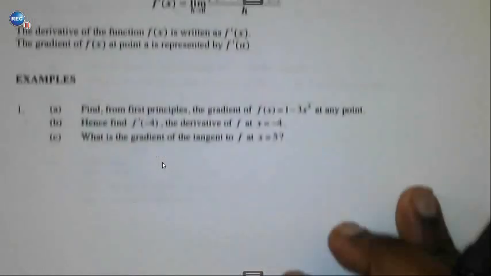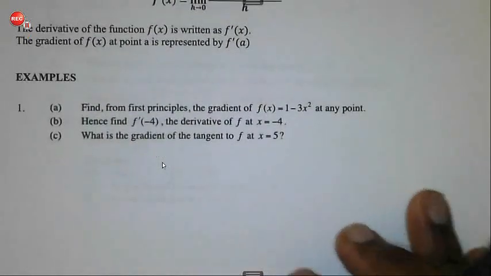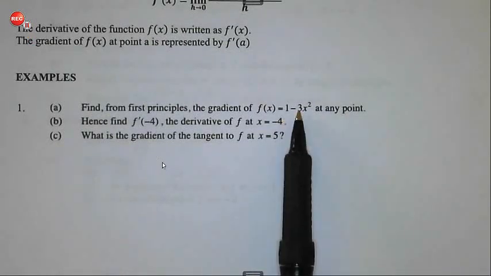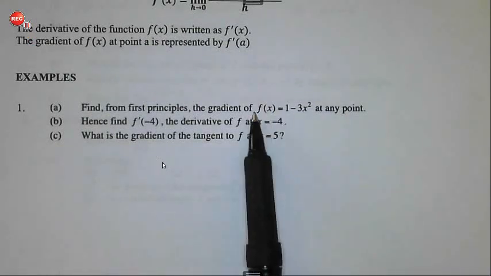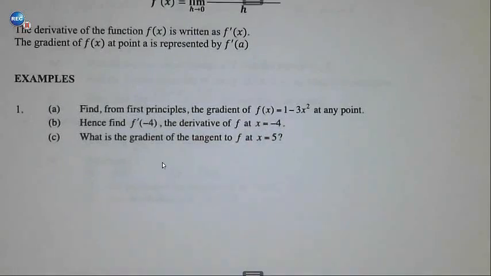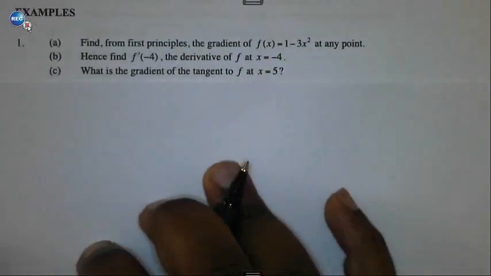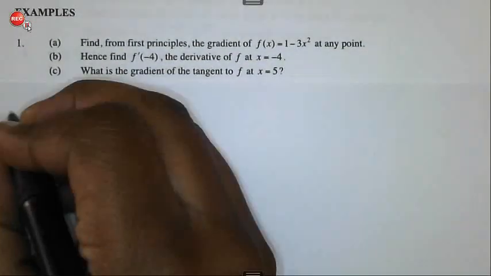Let's do this example here. It says find from first principles the gradient of f of x. So basically what it means is we're going to differentiate this. To find the derivative from first principles, we are going to have to remember our formula, right?